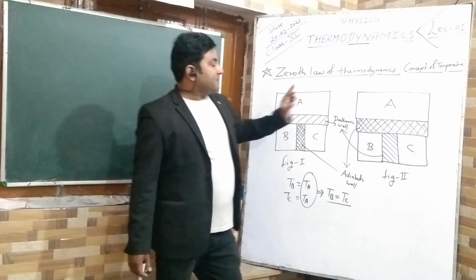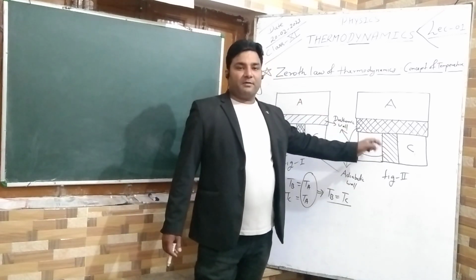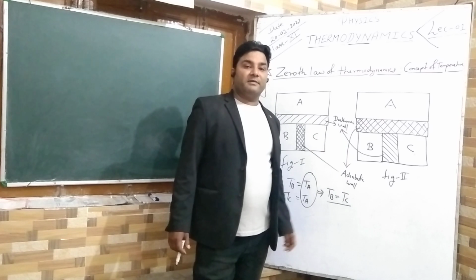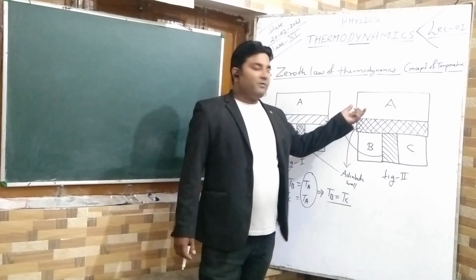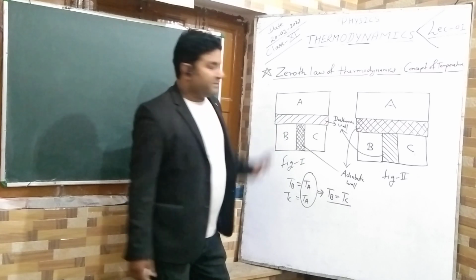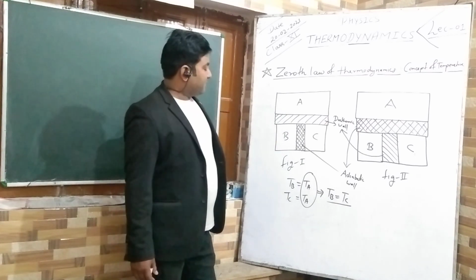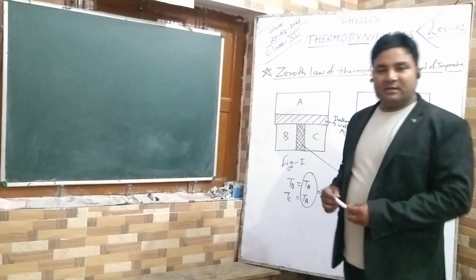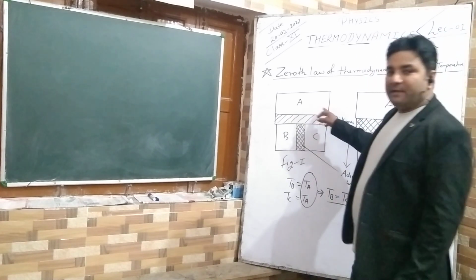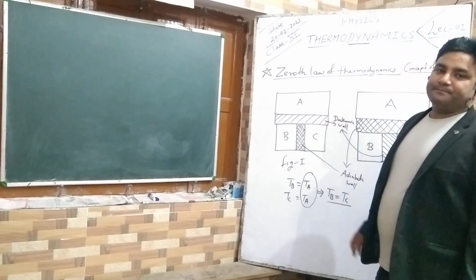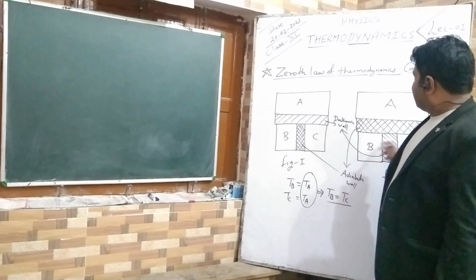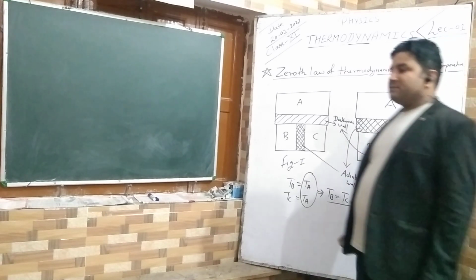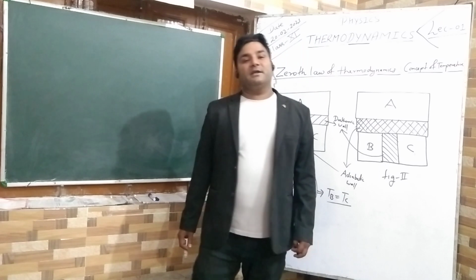That's why in this configuration there is no transfer of heat from B to C or from C to B. It means body B and body C are in thermal equilibrium with each other along with body A, as in the previous case. Figure first indicates that body B and body C come into thermal equilibrium with a third body A with the help of this diathermic wall. Clear? And after replacing their walls, there is no transfer of heat from B to C and C to B. It means both body B and C attain what?